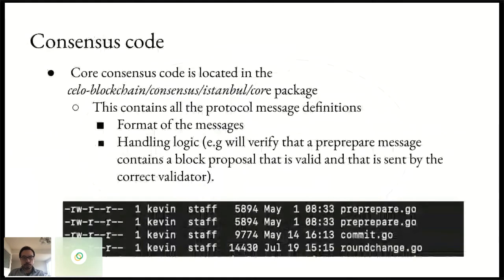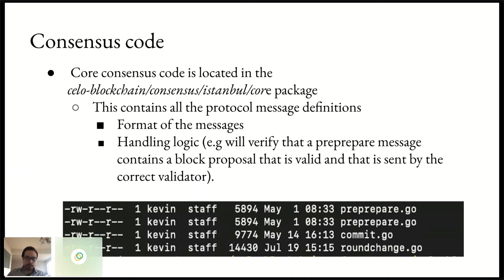Now, for the actual code implementation, the consensus code is all implemented in this core package as highlighted in the slide here. Within this package, there is a Go file for every one of the message types. And within each one of these Go files, it will contain logic for constructing each one of these messages.